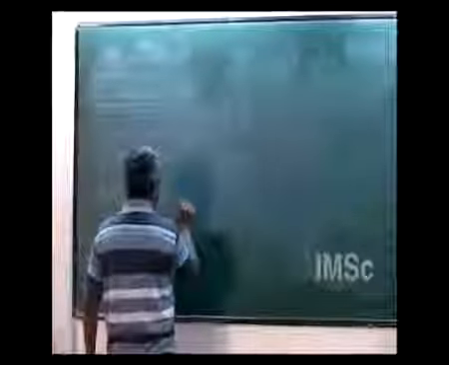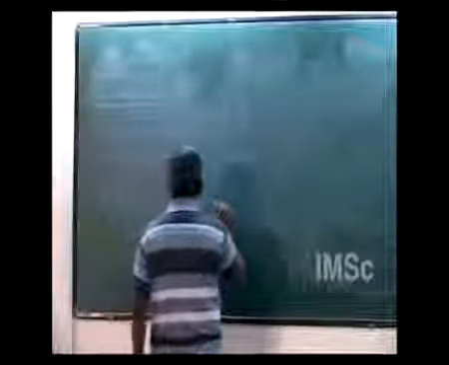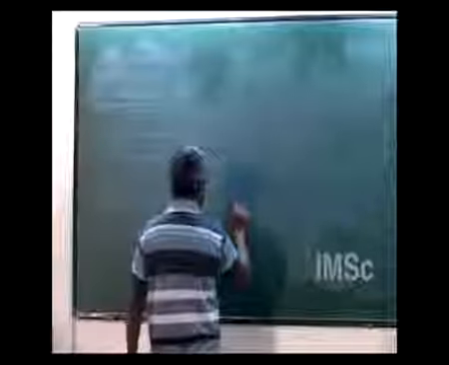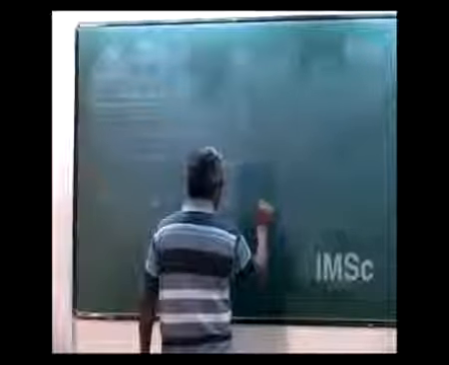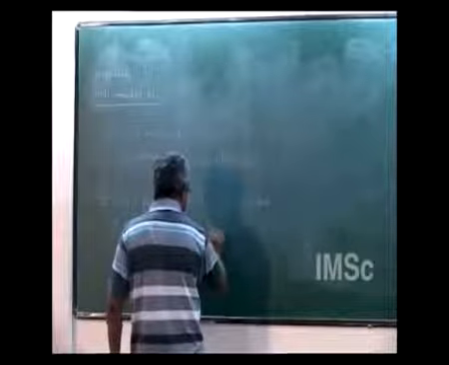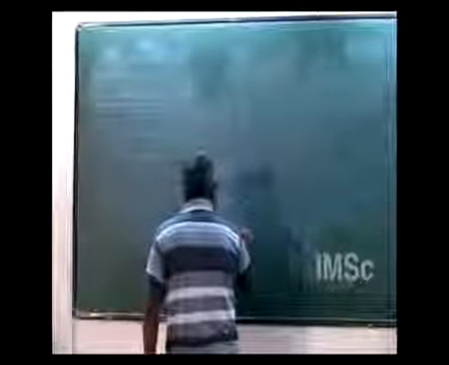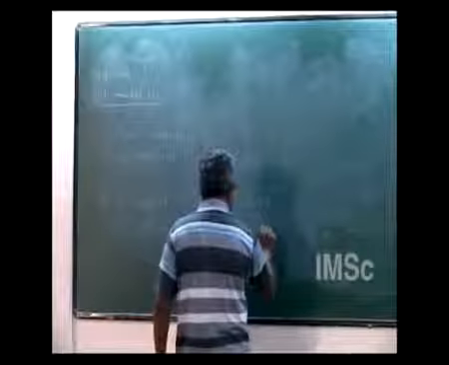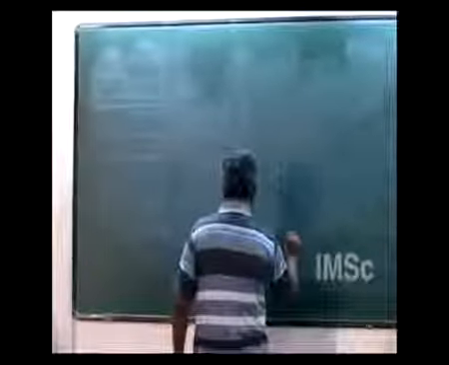Okay, so the goal is to find a path Pi from Si to Ti for every i, such that for any edge E, the congestion of E, defined to be the number of i such that E is in Pi, is minimized.